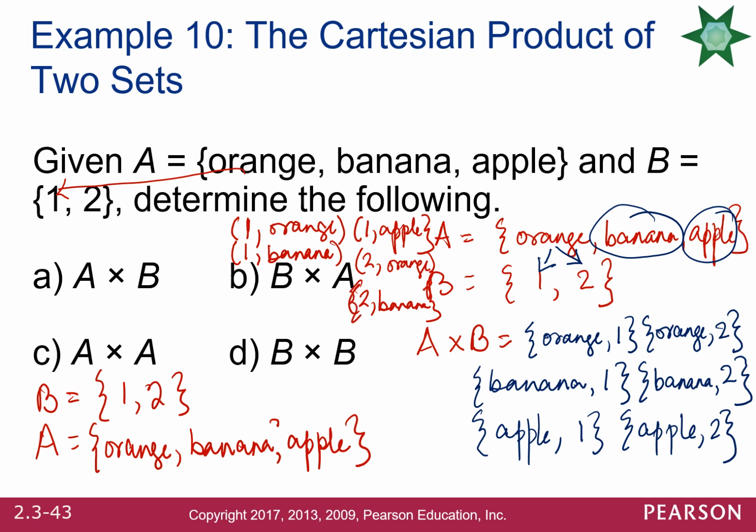Sorry, these should be braces. And what's it? 2, sorry, 2 apple, right? 2 apple. All right. The next one is A cross A.